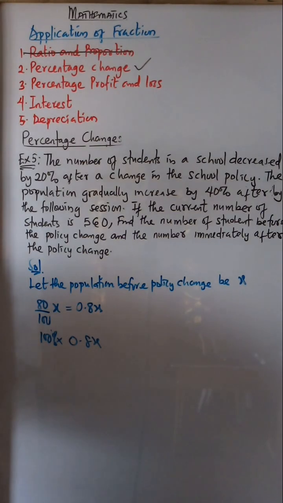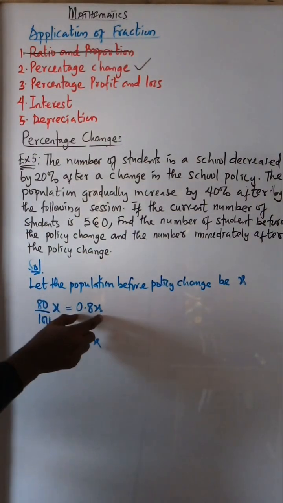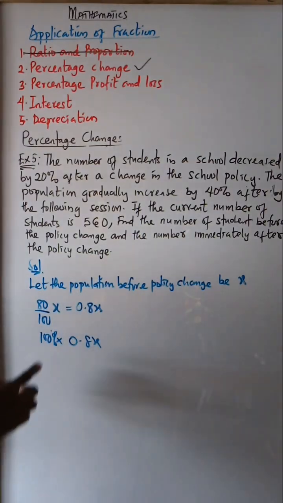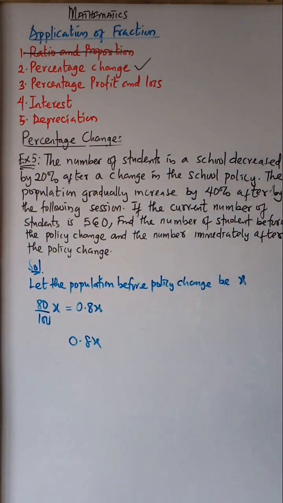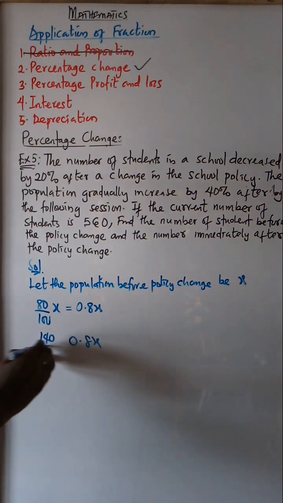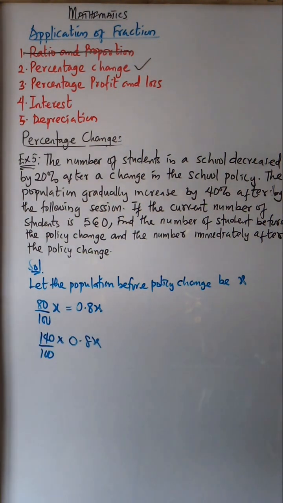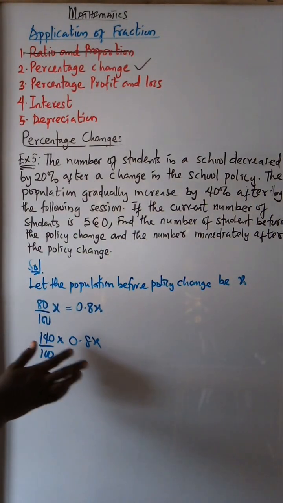What happened? This population that decreased now increased by 40%. If you add 40 to 100, that's 140. So it means the population after the gradual increase is what? 140% of the initial. From here, let me use the whole number part. So this is 0.8.